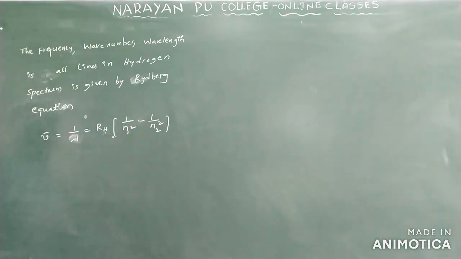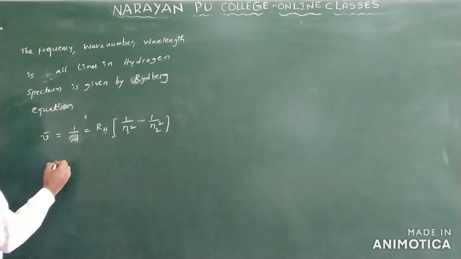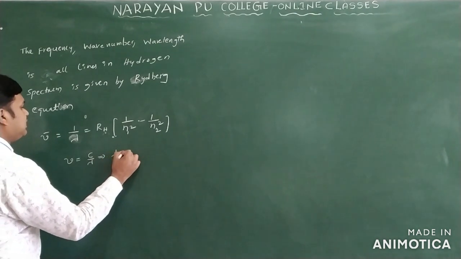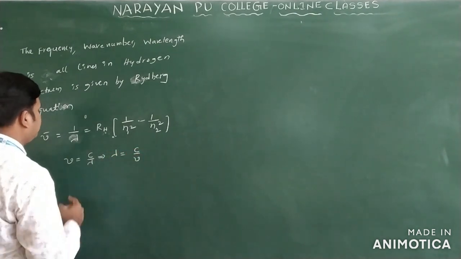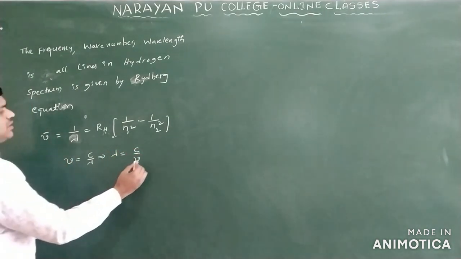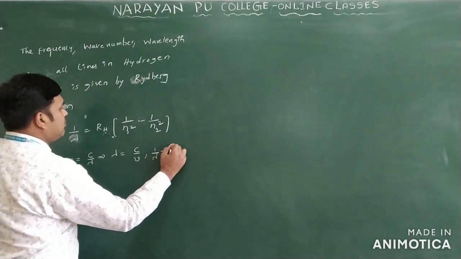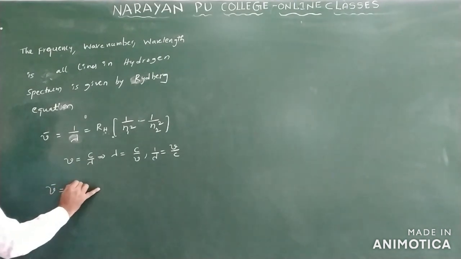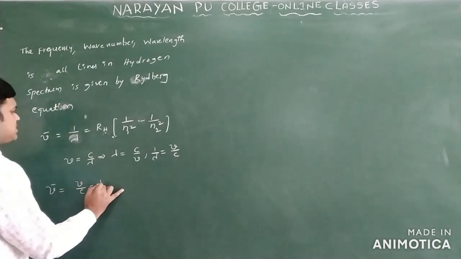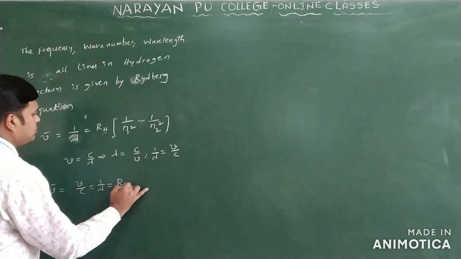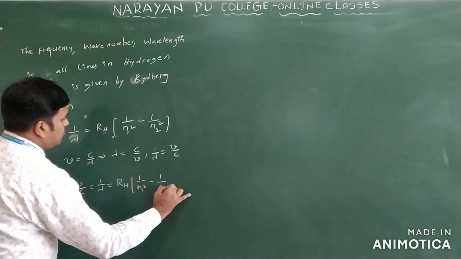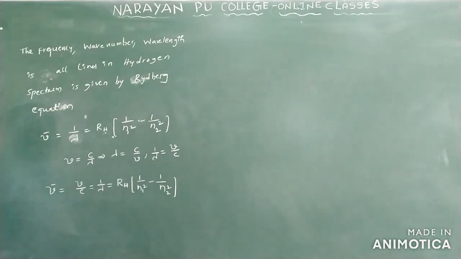You know nu is equal to C by lambda; from this, lambda is equal to C by nu. So 1 by lambda means nu by C. So nu bar is equal to nu by C, that is equal to 1 by lambda, that is equal to RH into 1 by n1 square minus 1 by n2 square.